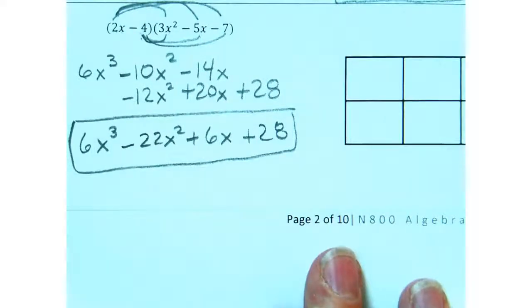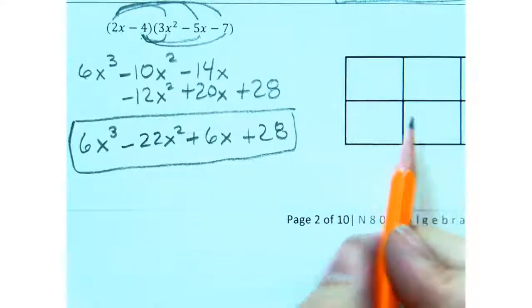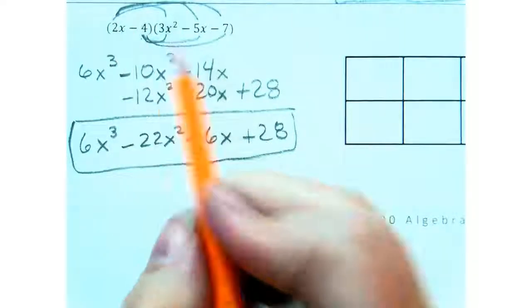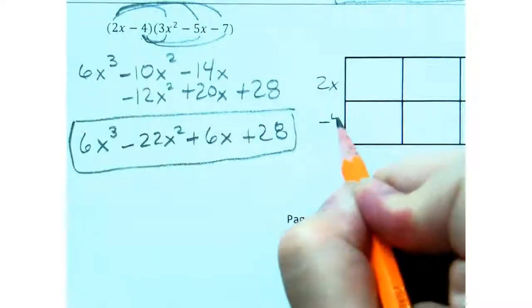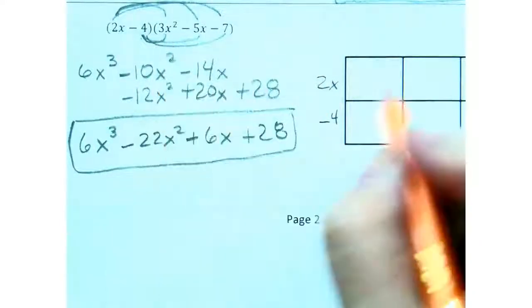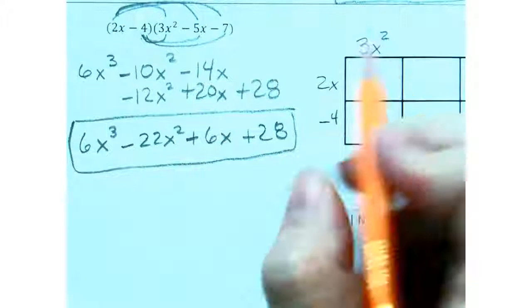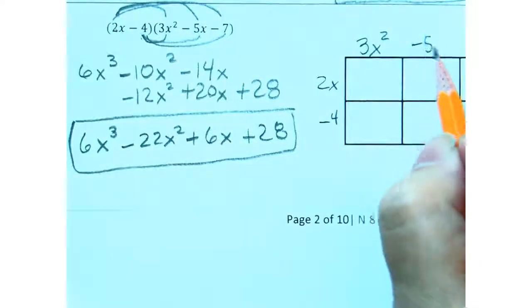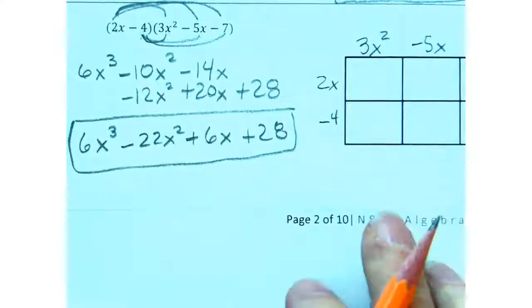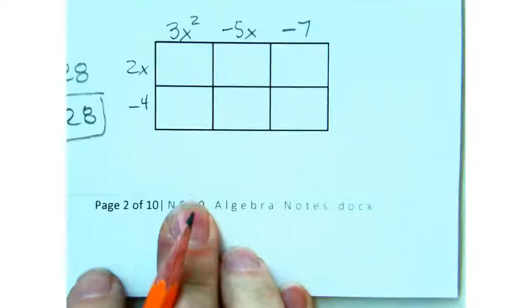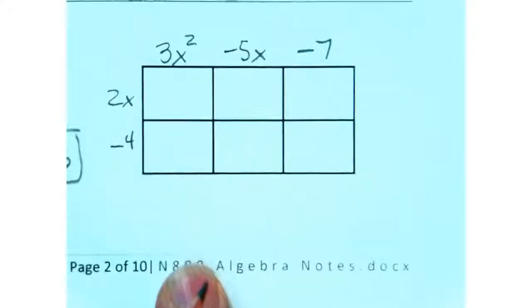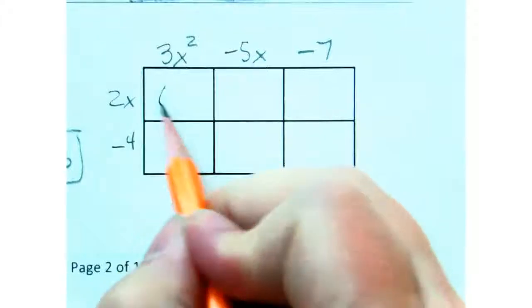If it's easier to organize in a grid, what you do is draw the 2x minus 4 down the side and 3x squared minus 5x minus 7 across the top. Now multiply each pair. 2 times 3 is 6.